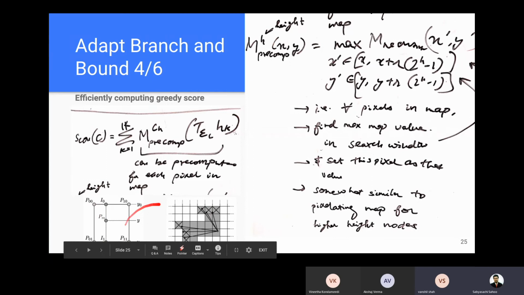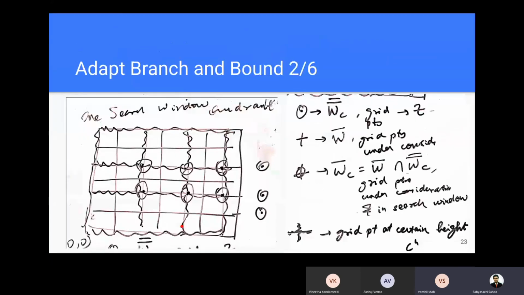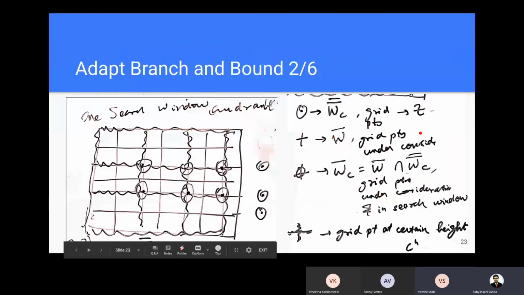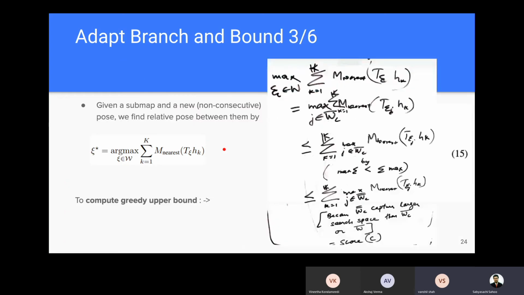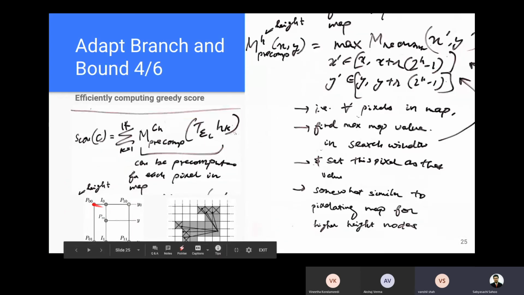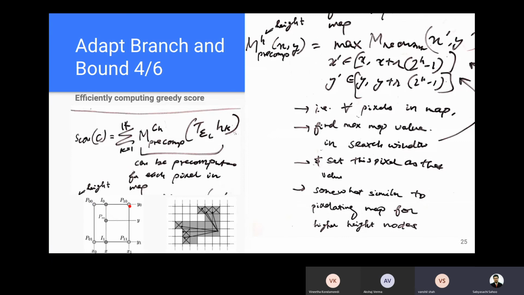Please do not get confused between these points and these points. These points are each pose candidates, this is an epsilon, this is another epsilon, and these points are the points in the map, the occupancy grid or the voxels.